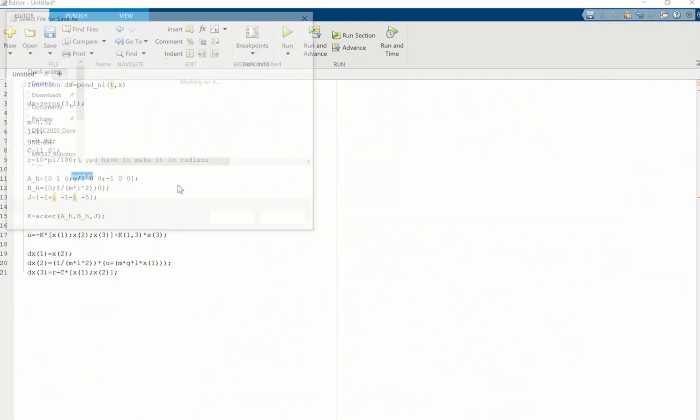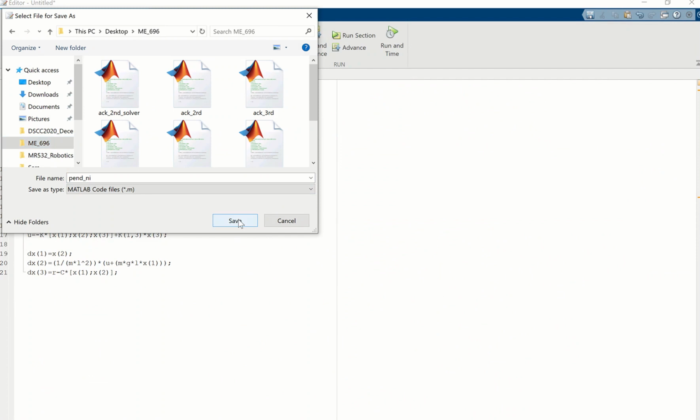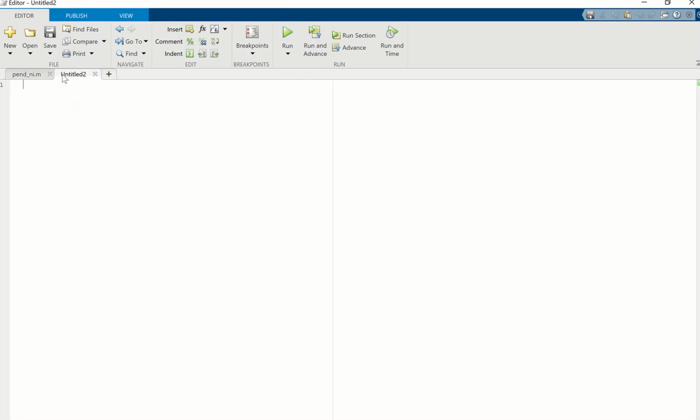Now I'm going to save it in M696. Pendulum not integrator, obviously. Now let us solve it. So it's going to be total time and y is equal to ODE45, as you know. Now go and call pend_ni.